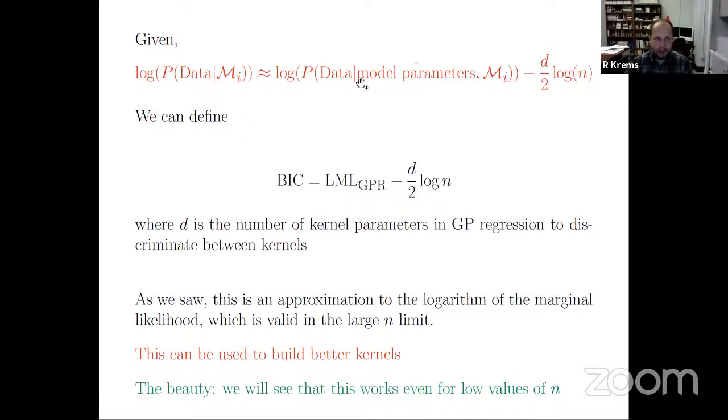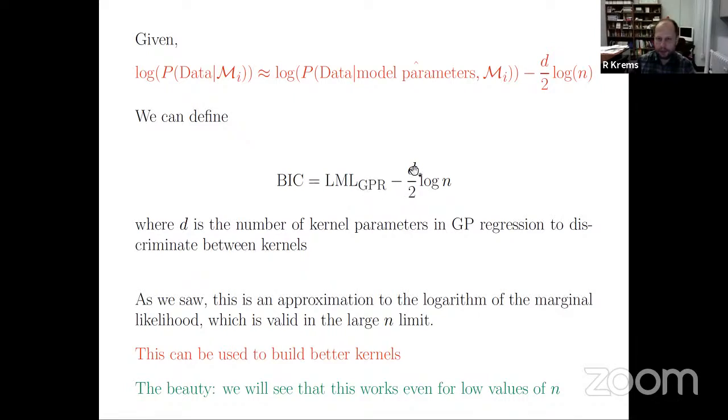Now, this is the equation that I showed you just a couple of seconds ago, and inspired by it, we can adapt it to our Gaussian process problems. We can define a quantity, which we're going to call BIC by analogy, as the log of the marginal likelihood that we use to train our Gaussian processes. Remember, this is not the full marginal likelihood, but the marginal likelihood that corresponds to fixed kernel parameters, and this is what we optimize when we train Gaussian processes.